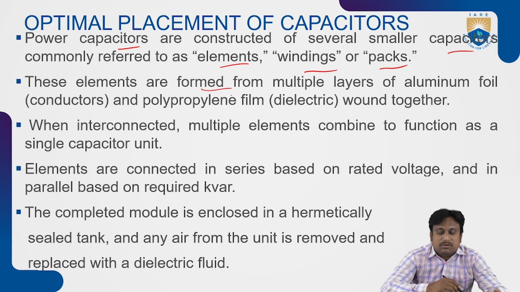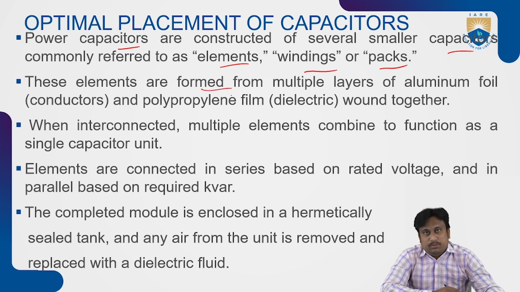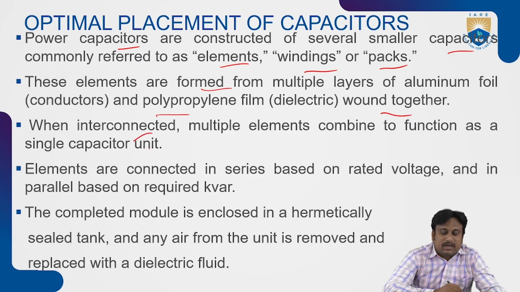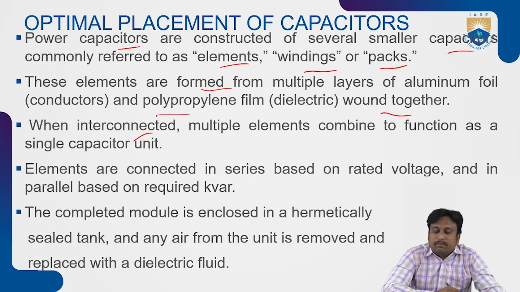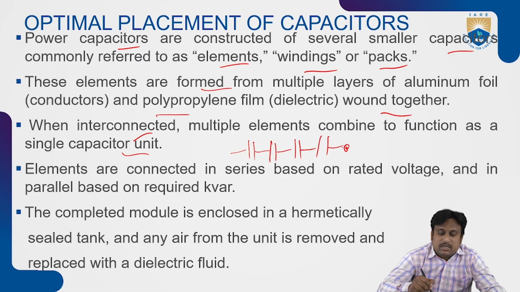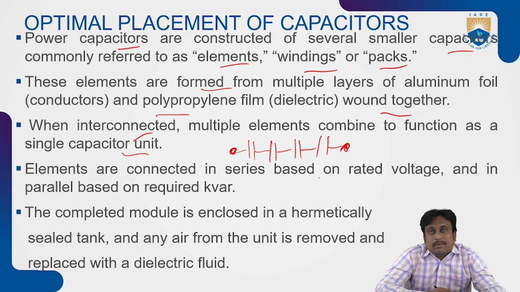These elements are usually formed from multiple layers of aluminum foil and polypropylene films wound together. When interconnected, multiple elements combine with each other to act as a single capacitor unit, with a number of capacitors tied together.